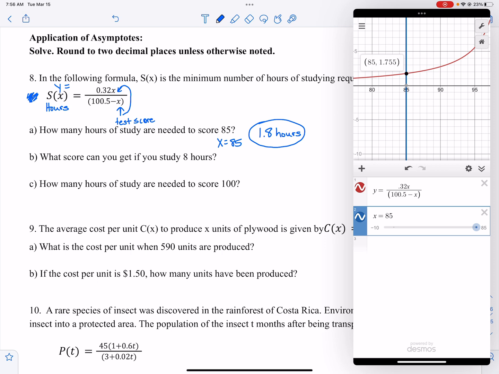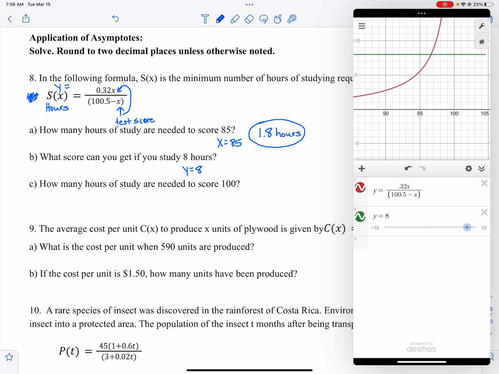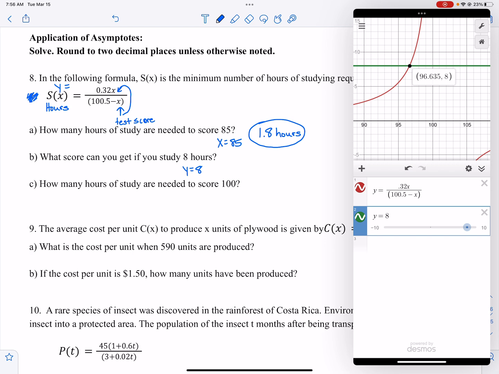That's the majority of what you're doing on this whole page. Figure out what the x and y mean, and then they're normally asking you for one or the other. So you got to plug in the x or the y to figure out the x or the y. So B says, what score can you get if you study 8 hours? So they've given you y equals 8 hours. So let's just type y equals 8. And then you just find where those touch and pick out the x. So x, which is your test score, would be 96.6.